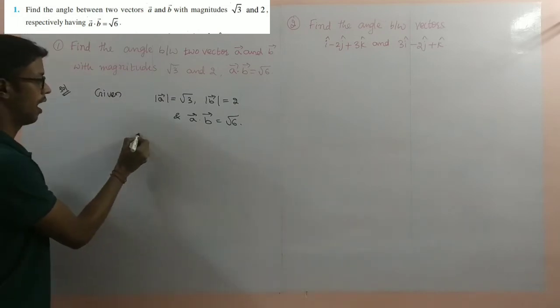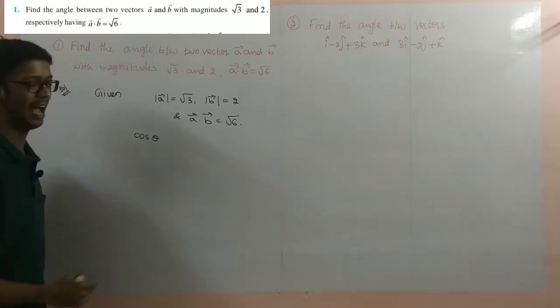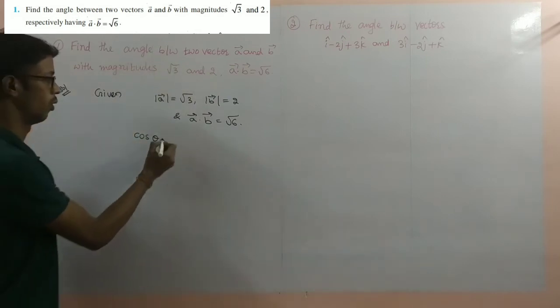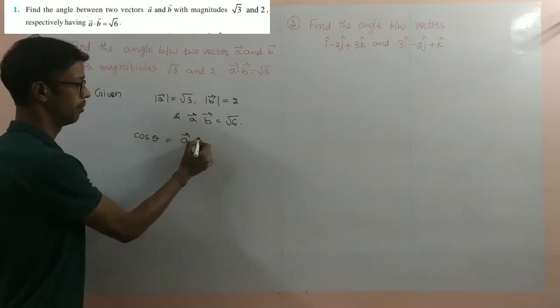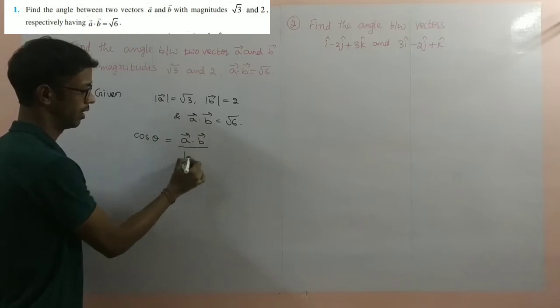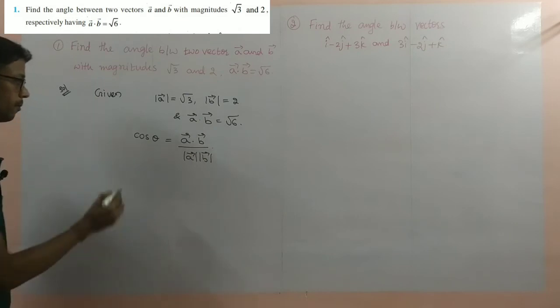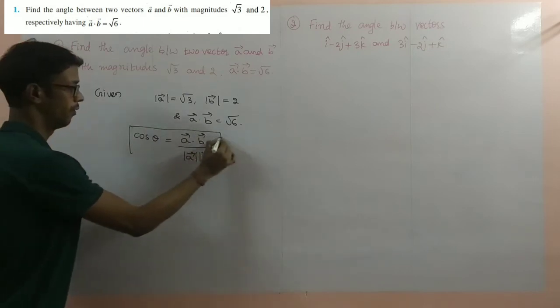Now the angle between two vectors is cos theta equal to A bar dot B bar by magnitude of A bar into magnitude of B bar. This is the formula.